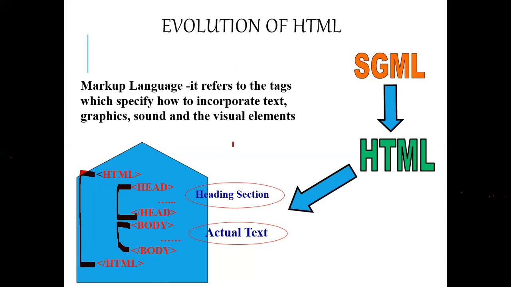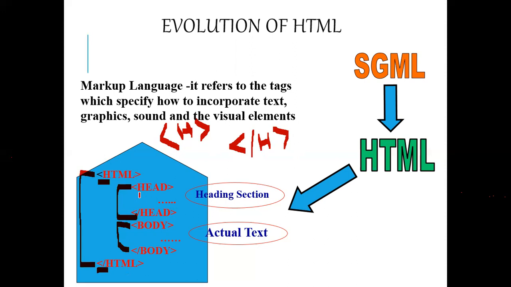If I write a slash before the tag name, this is called the closing tag. If I write it without the slash, this is called the beginning tag. For example, here this is my HTML opening and this is my HTML closing.